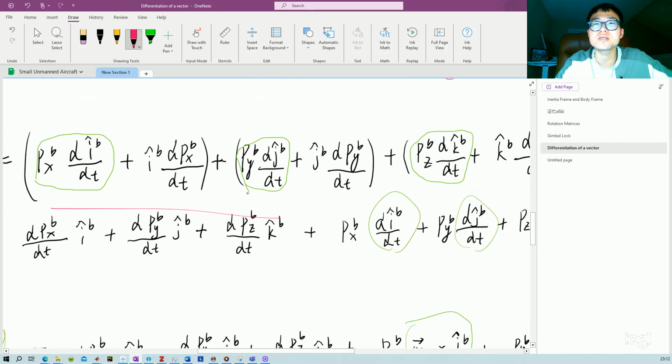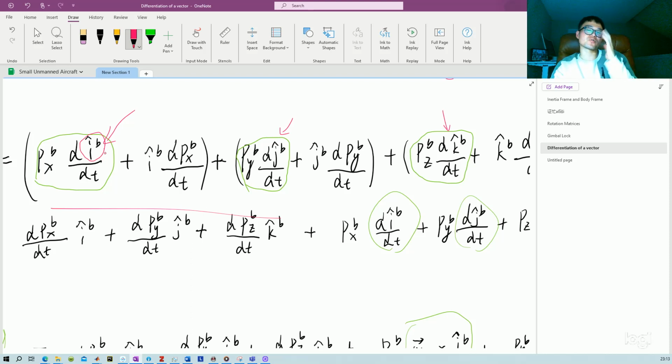But what is interesting is that these terms are now not there anymore, because they are not necessarily 0. It depends on, when you take this derivative, with respect to which frame you are taking it. Essentially, it's not as simple as the inertia frame.